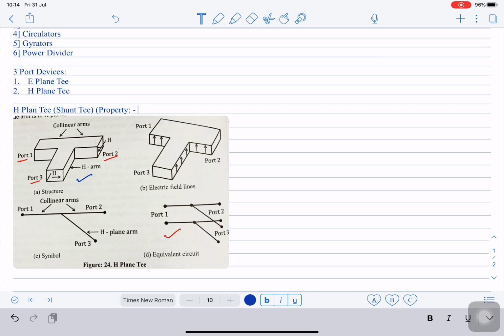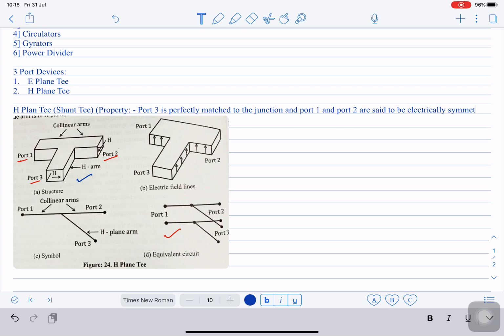So the property is: port number 3 is perfectly matched to the junction, and port 1 and port 2 are said to be electrically symmetrical with port 3.